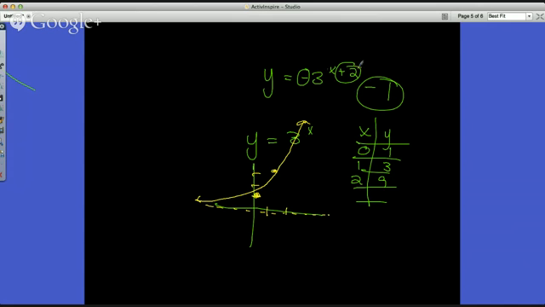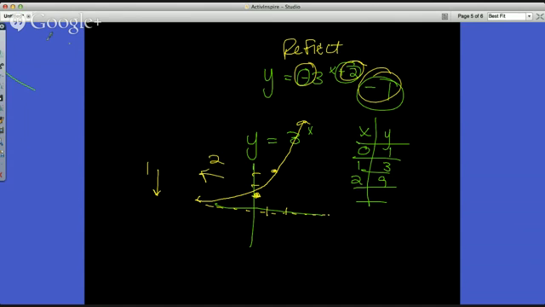What happens when you have a +2 with x? It'd be left 2, right? Because it's with x, we go left 2, and that -1 on the outside will go down 1. Because the negative is on the outside, I'll then reflect.